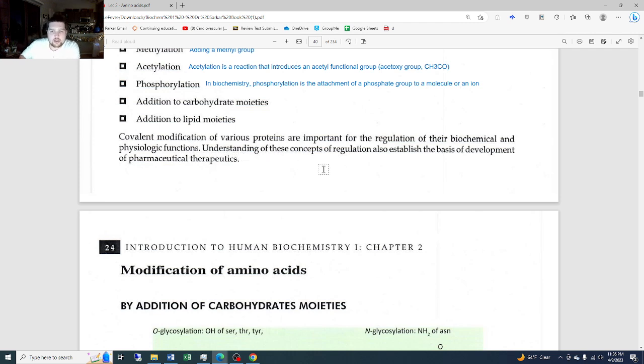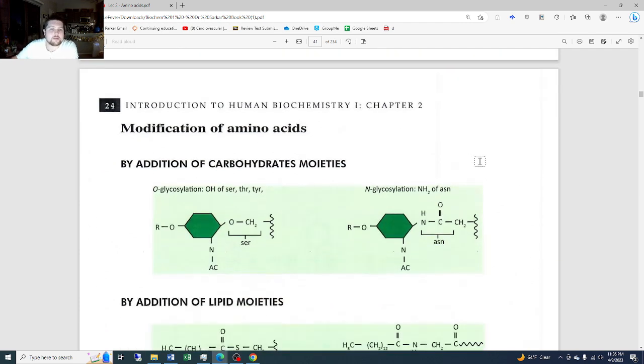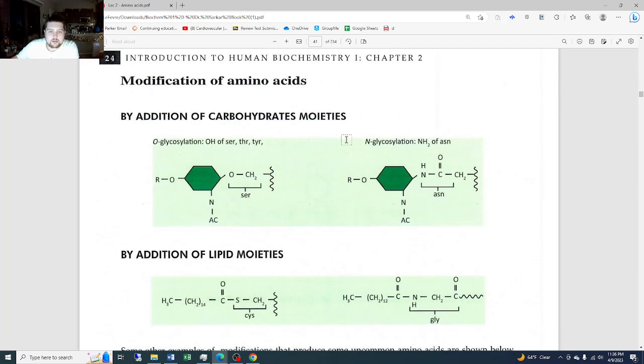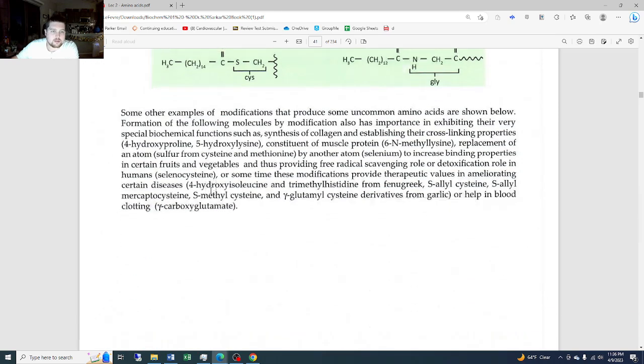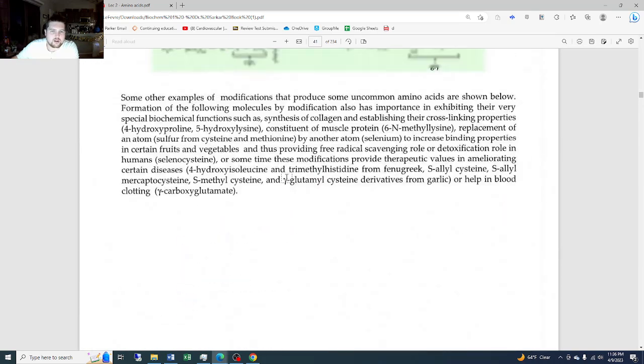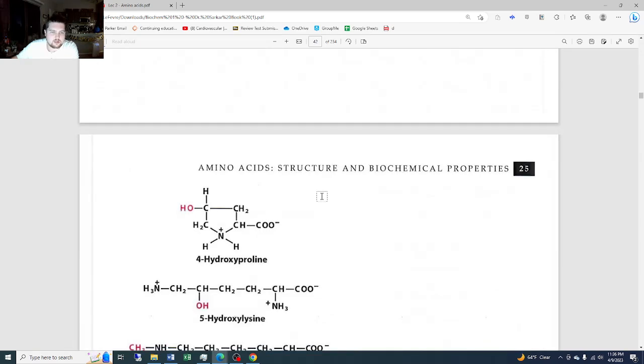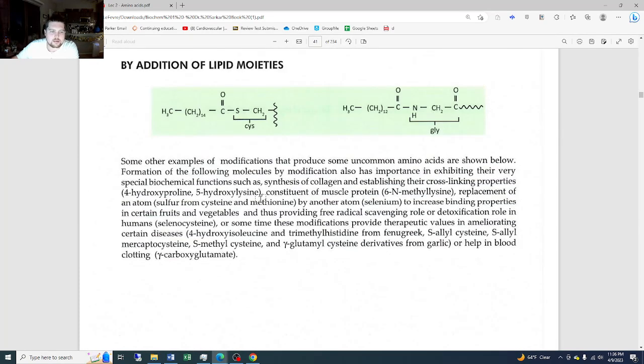Understanding these concepts of regulation also established the basis of development of pharmaceutical therapeutics. Here's our modifications. Adding the carbohydrate moieties, adding the lipid moieties. I'm not going to spend a whole lot of time on that. I'd come back and read this. Just go through it and do what we've been doing.